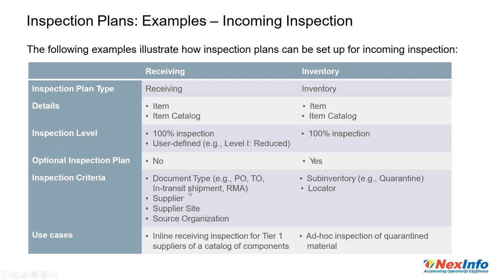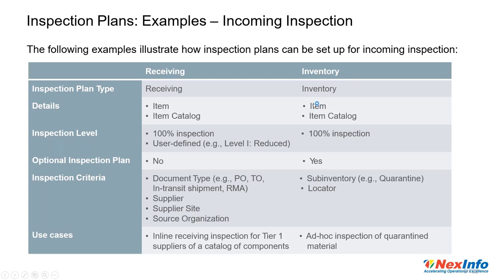As I showed you earlier, some of the inspections are based on a few suppliers or a few supplier sites, or for some items they want to do it all. They have some inspection plans which don't restrict any supplier site. The use case for that was typically receiving inspection for tier 1 suppliers of all catalog of components.